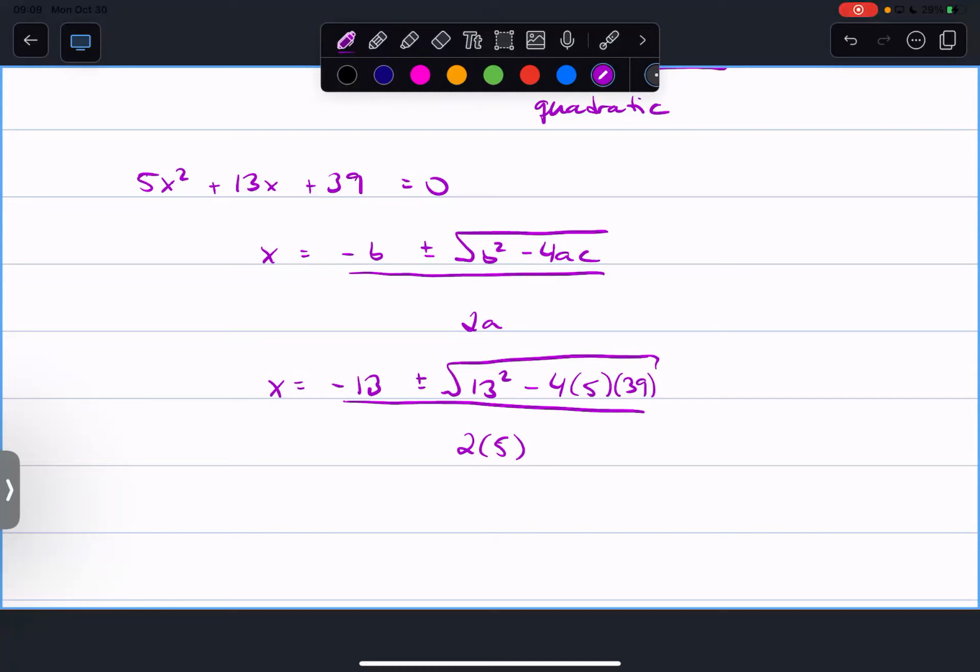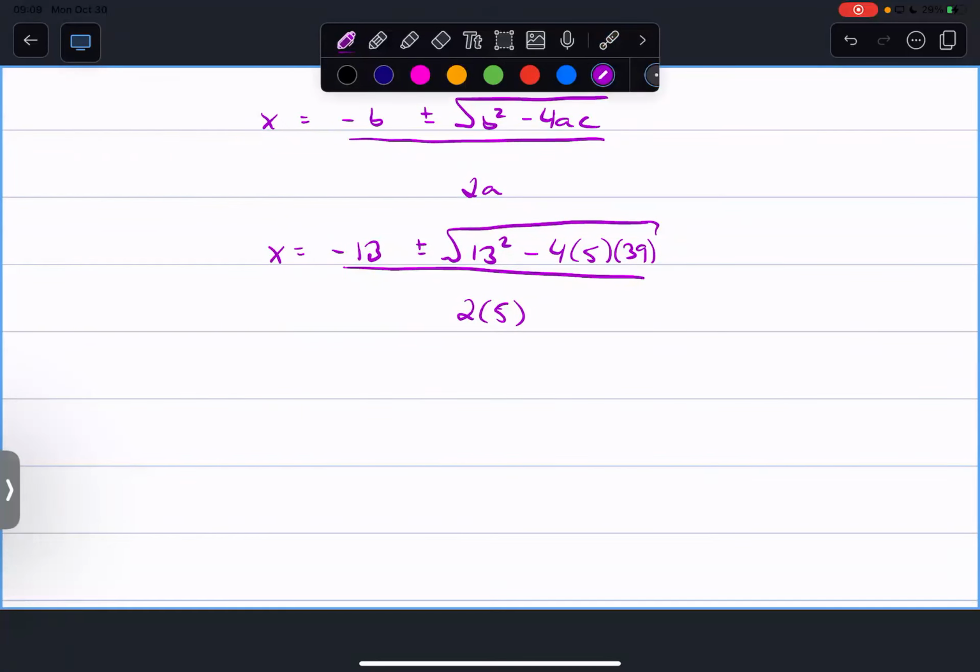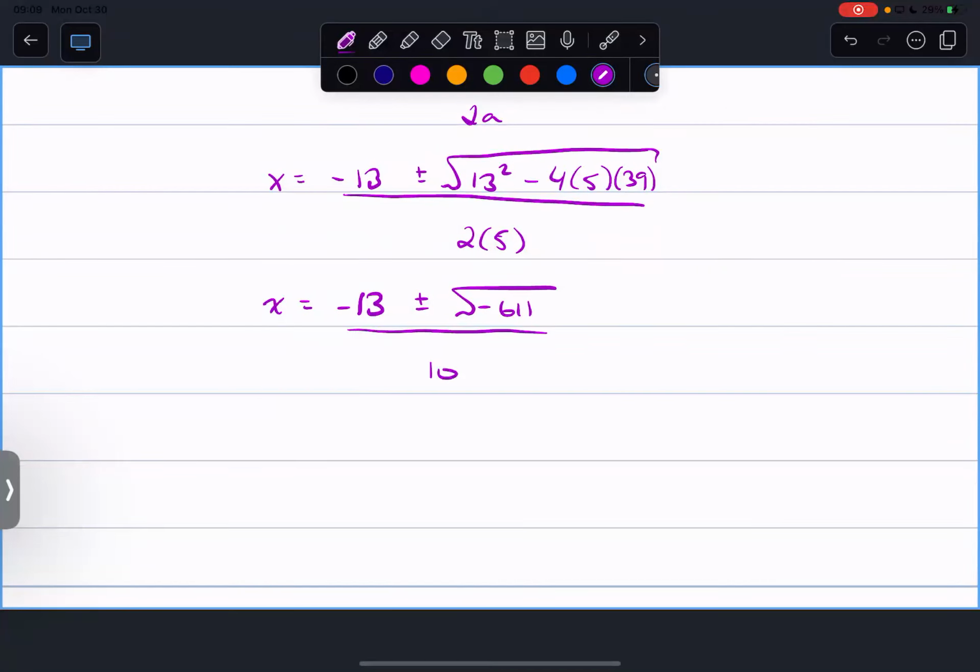So let me just confirm, 13 squared minus 4 times 5 times 39. You can usually tell I'm in trouble when there's no negative term turning this into a positive, right? Because we know we can't take the square root of a negative number, and so then there would be no solutions, which is fine. And so I get x is negative 13 plus minus the square root of negative 611, divided by 10.